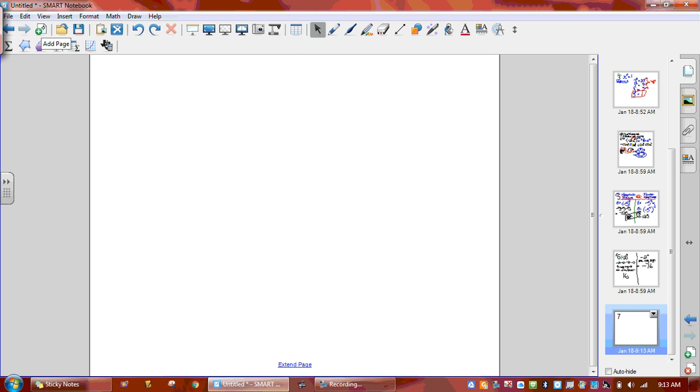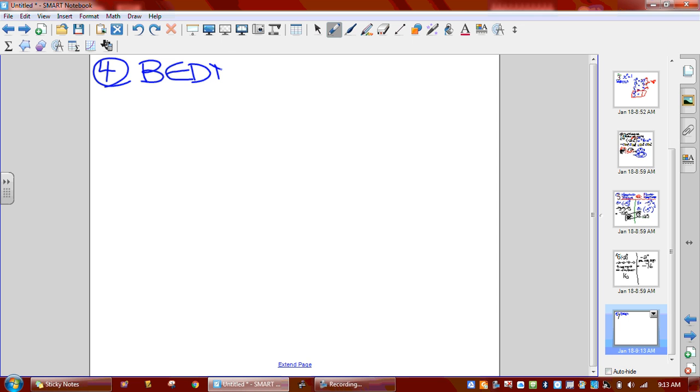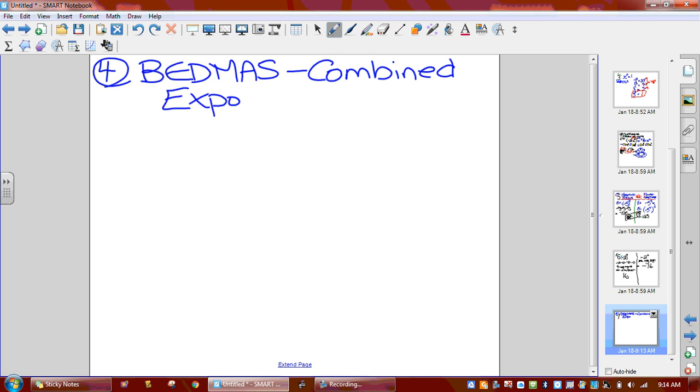Is this number 4 or 5? 4? Okay. So 4 is going to be some BEDMAS. Combined exponent laws.